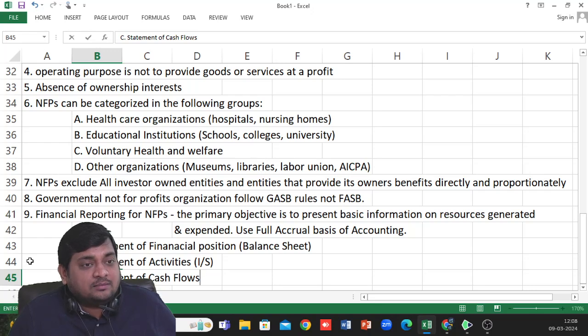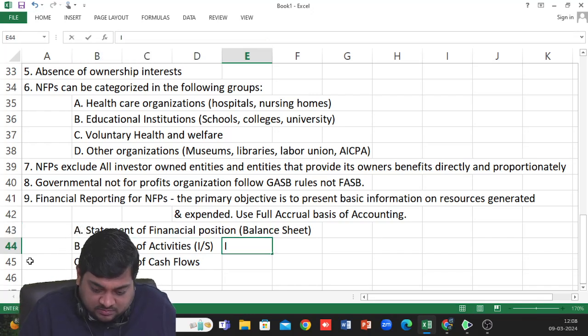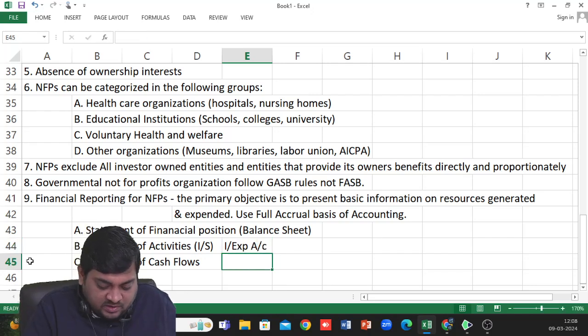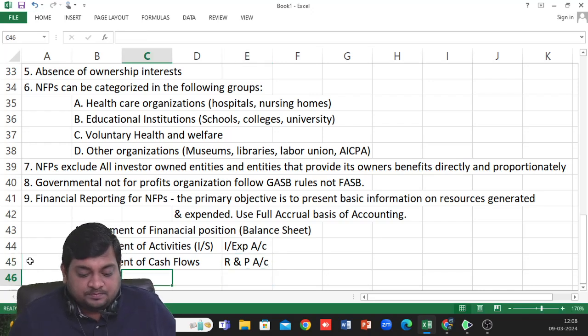We have already done this in the last unit of R. So if I remember, this is my income and expenditure account, and this is receipt and payment account, right?